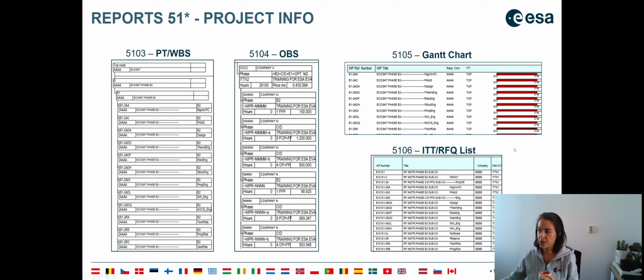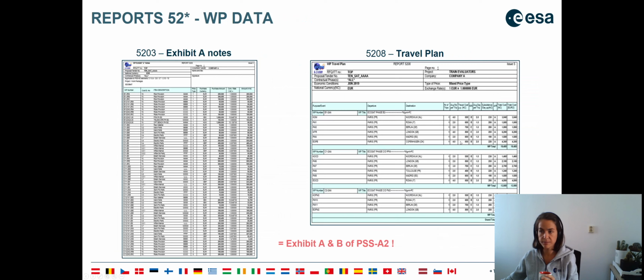You can double check your Gantt chart as well. Here is the list of ITTs that are part of your ECOS file. Then at work package level, the most important ones here are the Exhibit A notes and the Exhibit B travel plan.